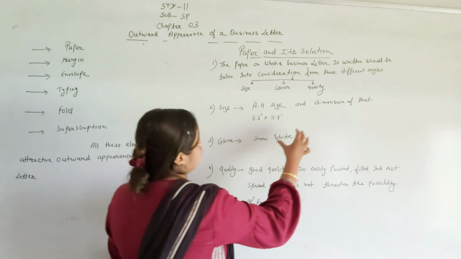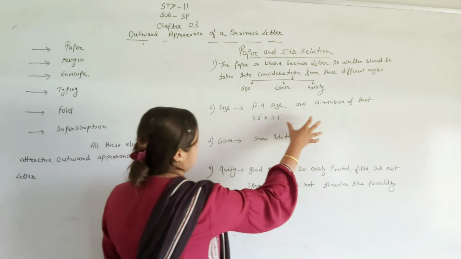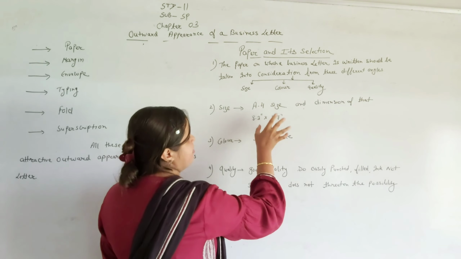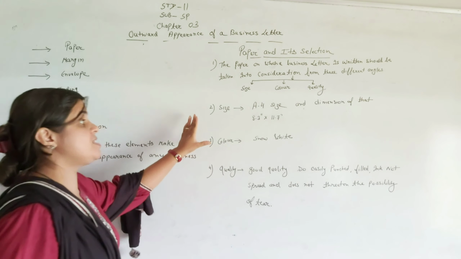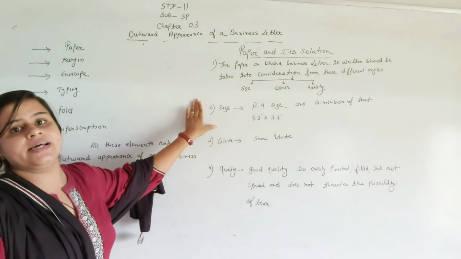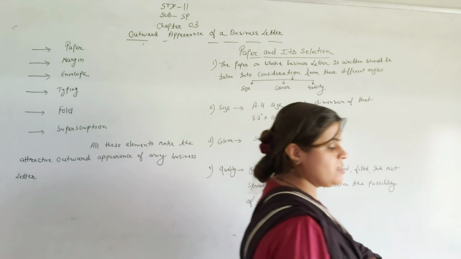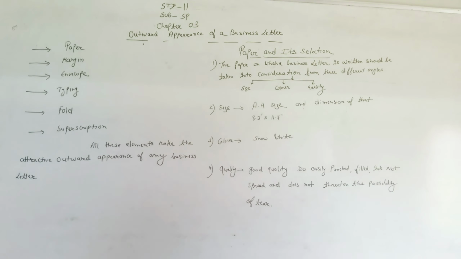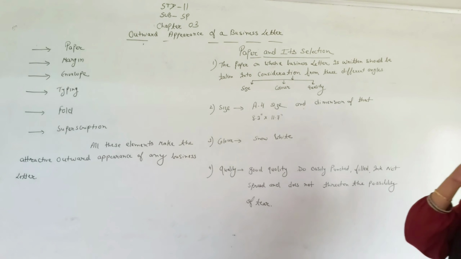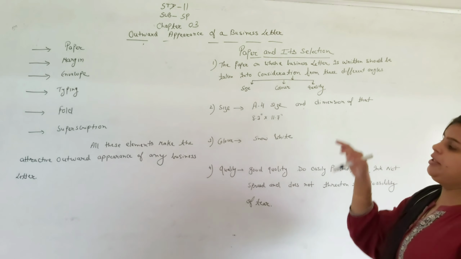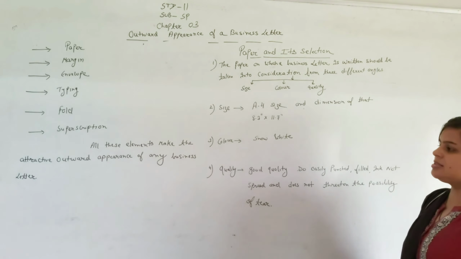The exact dimension is given: 8.3 multiplied by 11.7. It is the standard size. So the question can arise: state the appropriate size for writing a business letter. Your answer will be A4 size, with dimension 8.3 multiplied by 11.7.